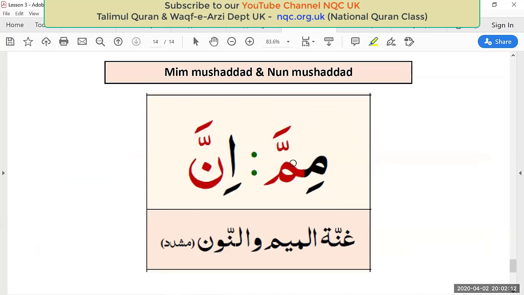So we have meem mushaddad and noon mushaddad, and on these two mushaddad letters we have to make a nasal sound, and that is what the word ghunna means. It means to sustain a nasal sound. So meem, noon. Okay? Yes, L237, Jazakallah.